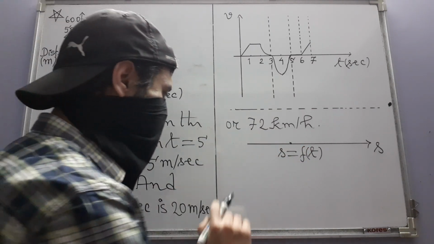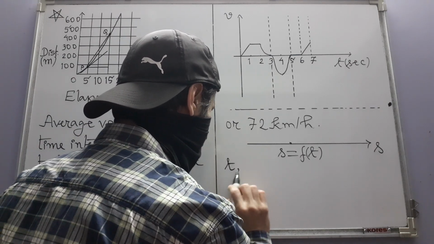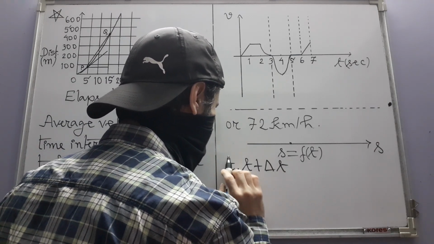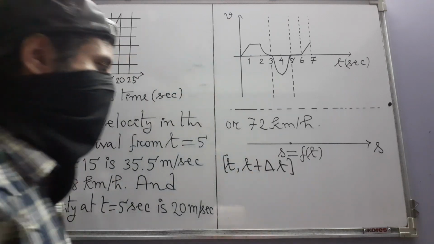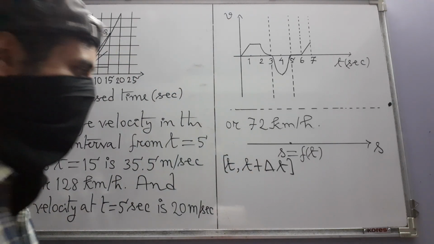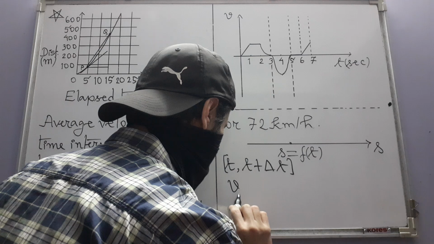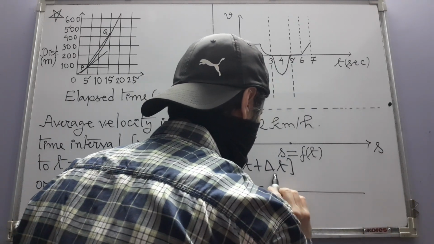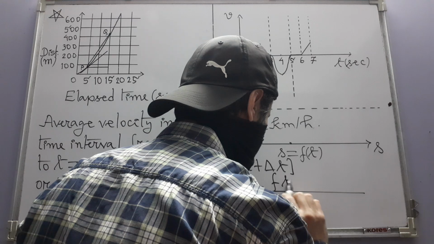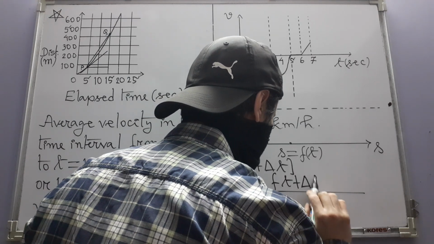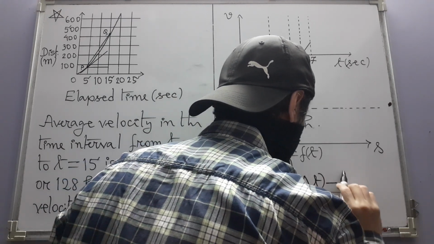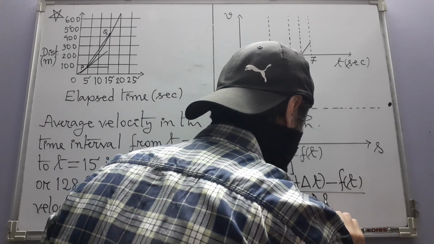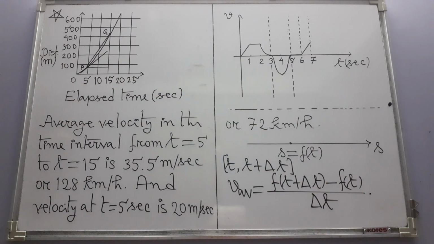Then in some time interval between t and t plus delta t, the average velocity of the object is v average equal to f of t plus delta t minus f of t divided by delta t.